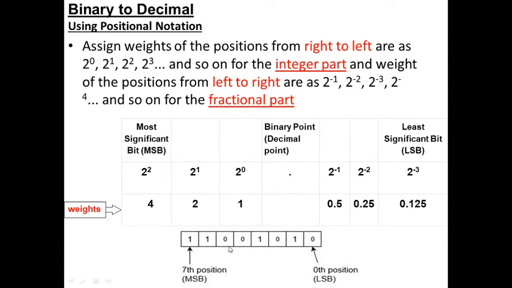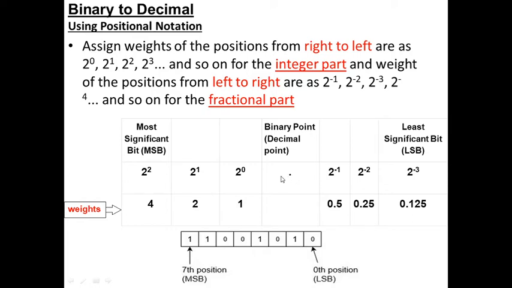Now this is a binary number. You know that this is the LSB, the least significant bit, and this is the MSB, the most significant bit. Now if the binary number has both parts, an integer part as well as a fractional part, it will be separated by a decimal point.